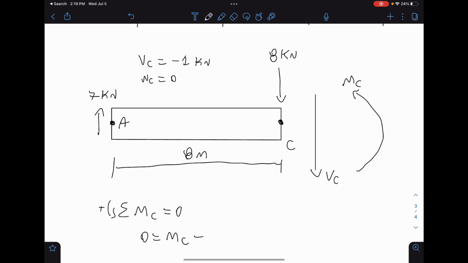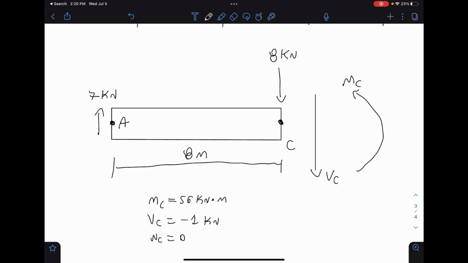So minus 7 times the distance, 8. So solving for MC now, we get that the bending moment is equal to 7 times 8, which is equal to 56 kilonewton meters.